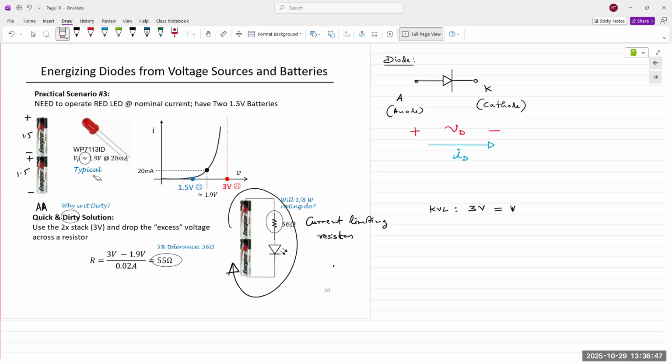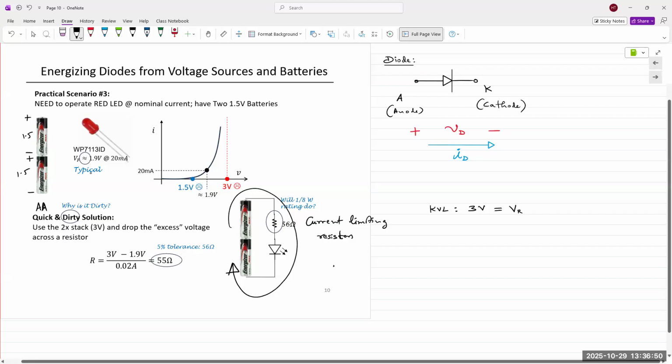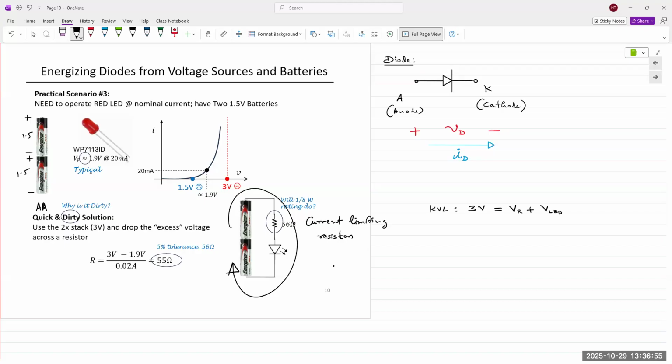So we have VR plus VLED, right? You're applying 3 volts, energy supplied must equal the energy received. And VLED is 1.9 given to us from the specs. So the voltage drop must equal 3 minus 1.9, which is 1.1 volts. So the resistor must drop 1.1 volts across it.